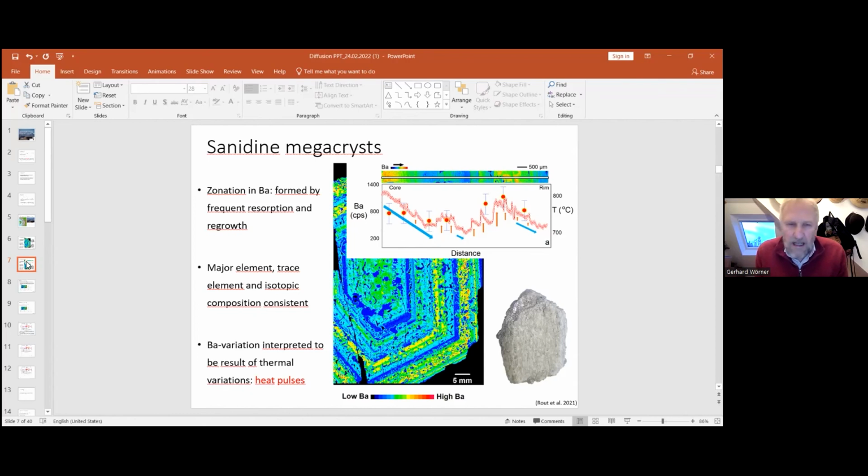Now, the point about the growth rate, that would affect the jump in the barium between the resorbed part and the newly grown part. And it probably would have to be a slower growth after the resorption because the temperature would be high, but I'm not sure about that. But anyway, it would only affect the difference in the concentration, not the gradient itself.